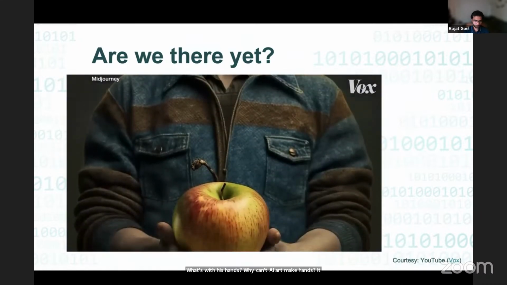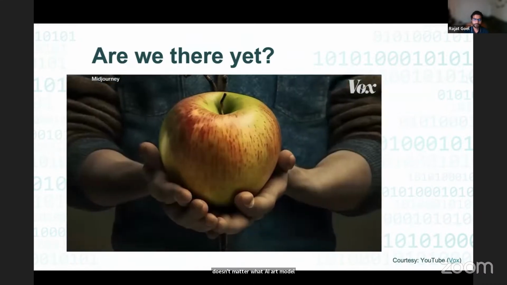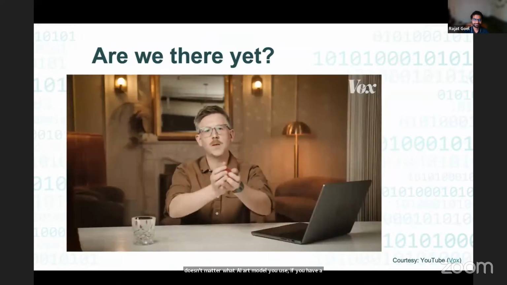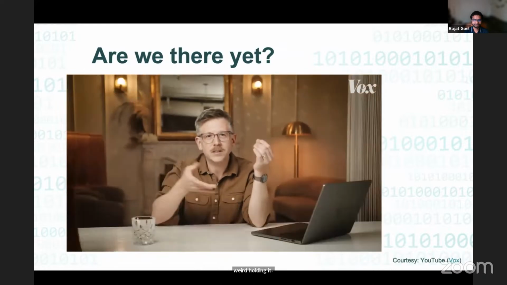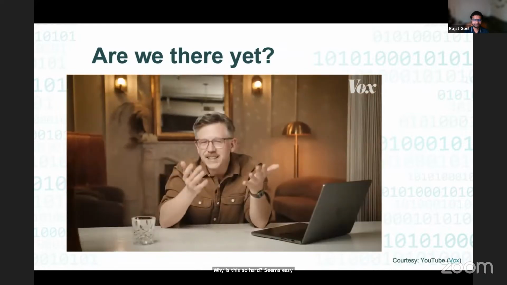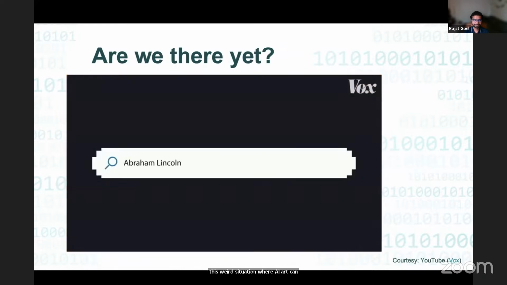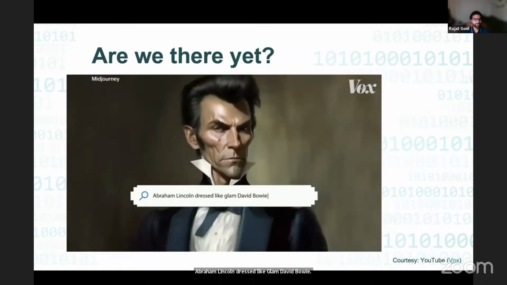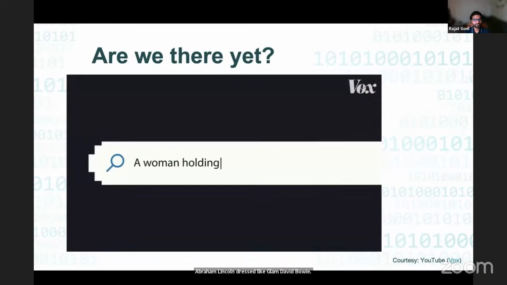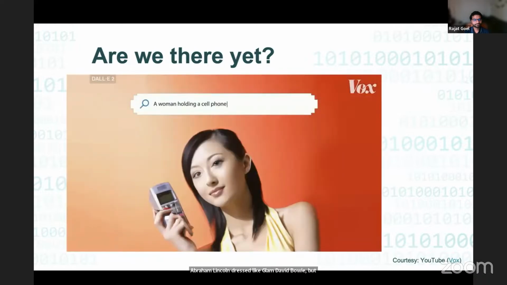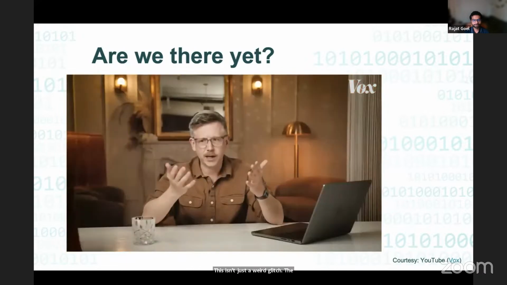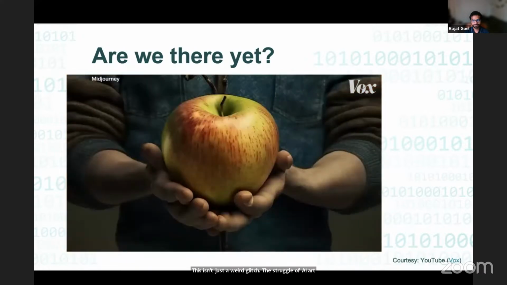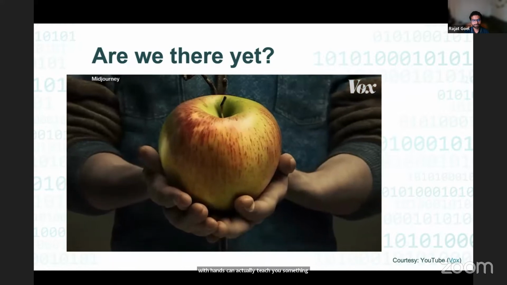If you have a man holding a delicious apple, his hands will look weird holding it. Why is this so hard? Seems easy enough, right? We've got this weird situation where AI art can instantly make Abraham Lincoln dressed like glam David Bowie, but struggles with a woman holding a cell phone. This isn't just a weird glitch. The struggle of AI art with hands can actually teach you something bigger about how AI art works.